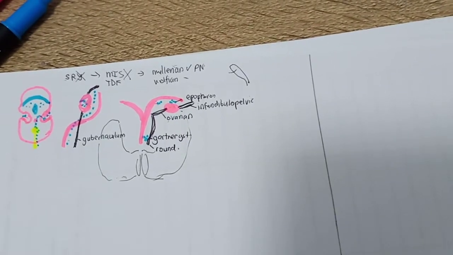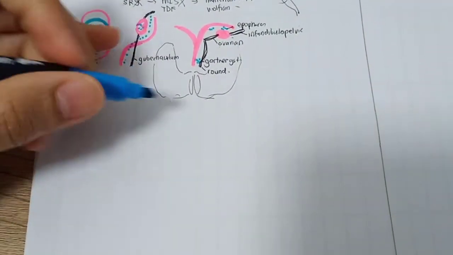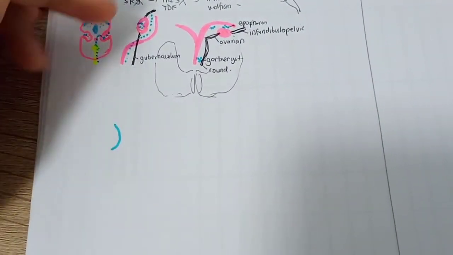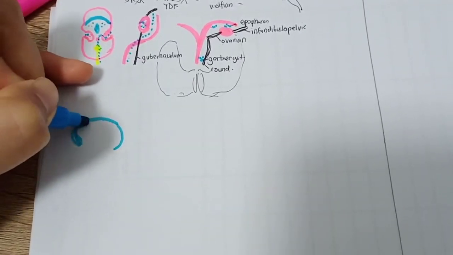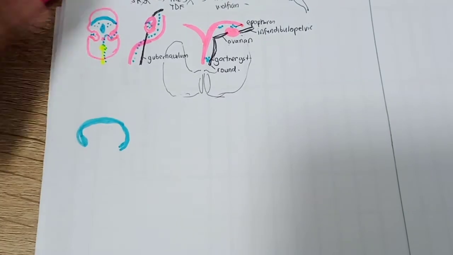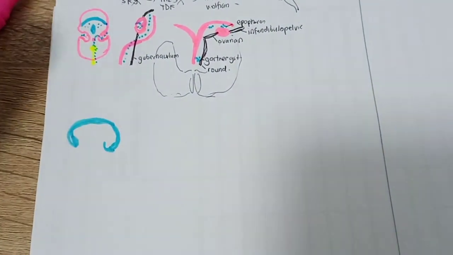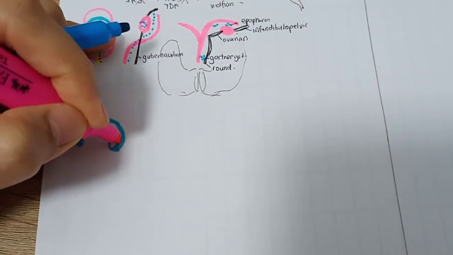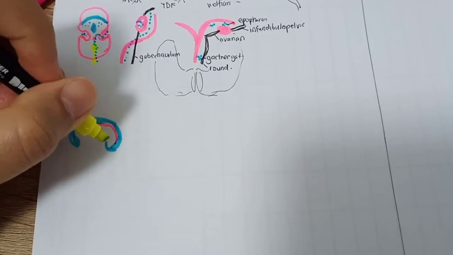So what I want to show here is what happened during the embryonic life. Basically here, this is a coronal view and this is a sagittal view. So we have the ectoderm here, it's pinched up, something like that, and we have the paramesonephric ducts here, mesoderm, and we have the ectoderm.